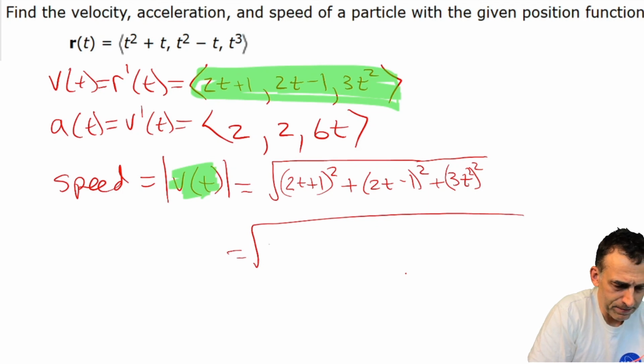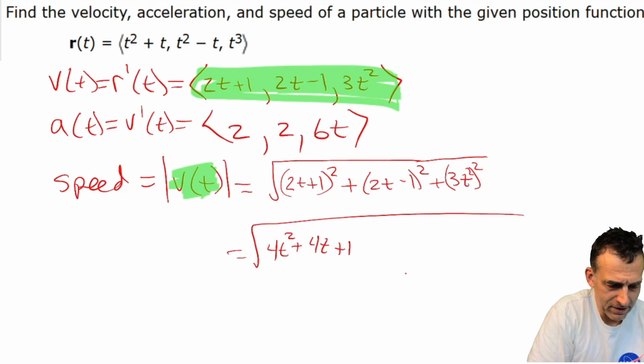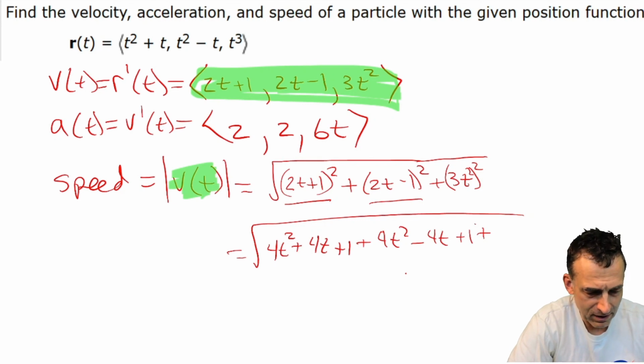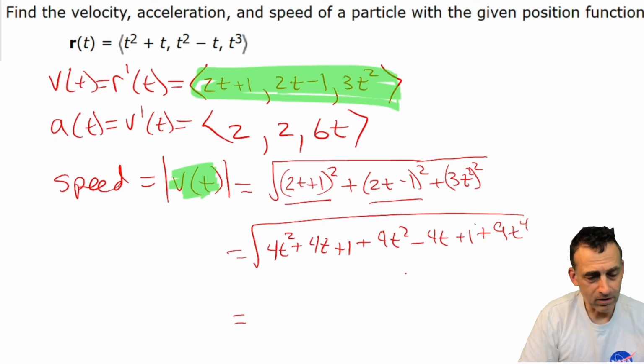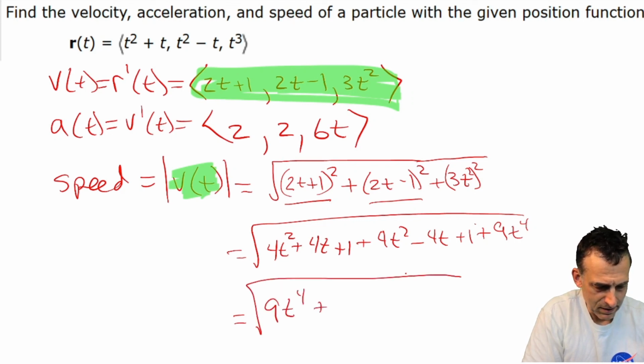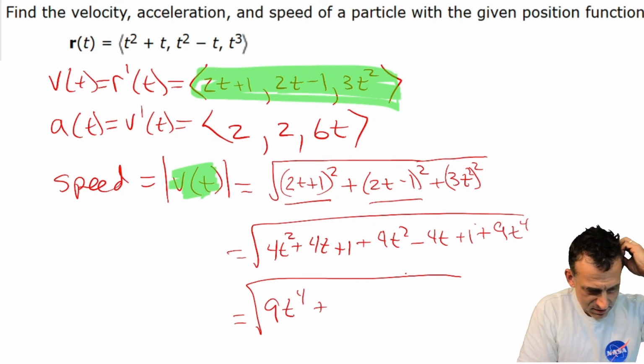Do some algebra. So we have 4t squared plus 4t plus 1. That's this thing squared. Then 4t squared minus 4t plus 1. That's that one squared. And then this is just going to be 9t to the 4th. So all of this together is going to be, let's see, 9t to the 4th plus, is that only 8?